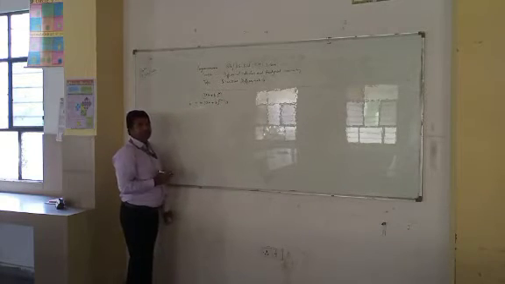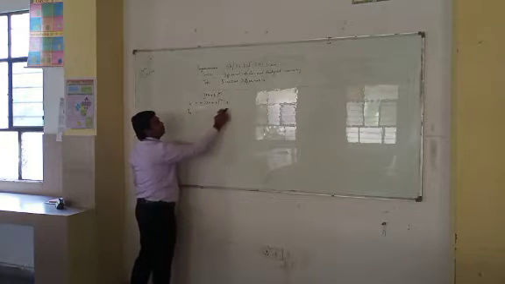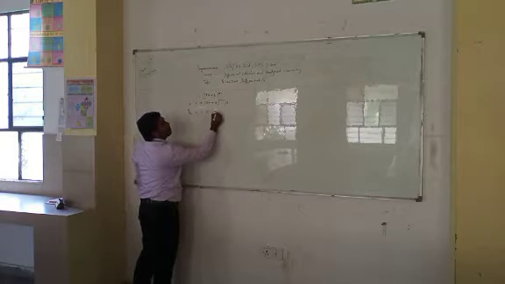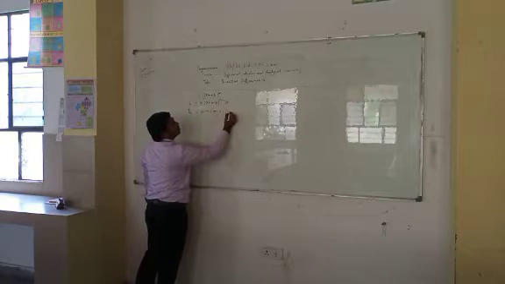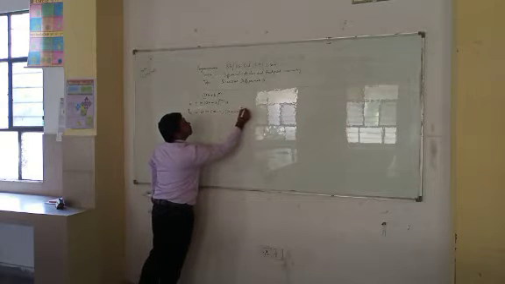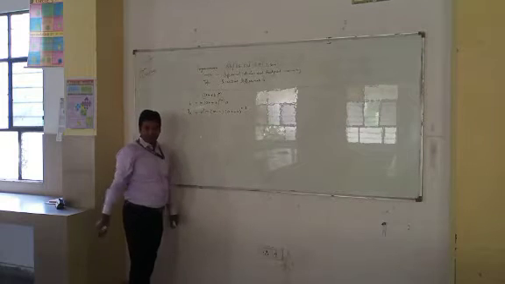Now again differentiating with respect to x, y2 is equal to, this is the constant a, this is m and m minus 1, (ax + b) to the power m minus 2, into a, meaning a square.